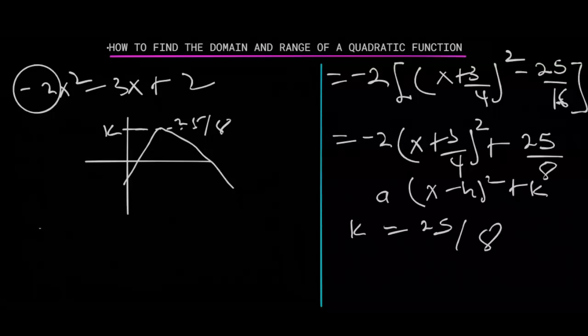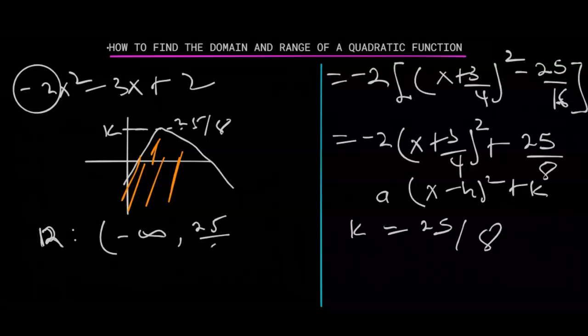So we are going to say that our range is from negative infinity, that is from here, from the y negative infinity up until it hits what? 25 over 8.